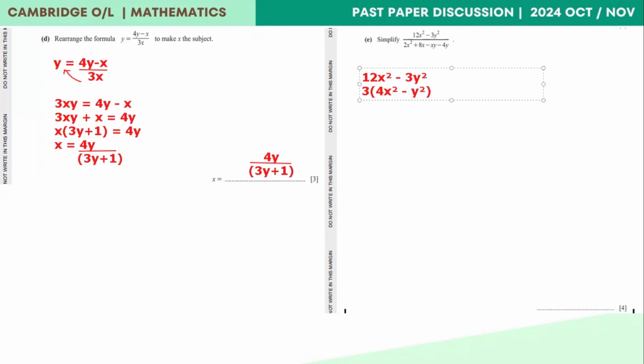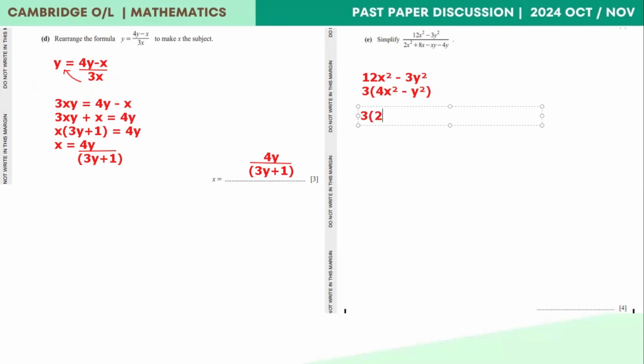So now we can see that we can factorize the inside part also more. So 4x square minus y square. This is what we call square term factorizing. So we have all square numbers inside this bracket. So 4 is the square of 2, 2 square, and x is the square, and y is also square. So to factorize this, first step, we write it as square numbers.